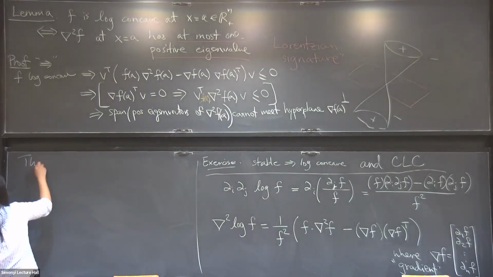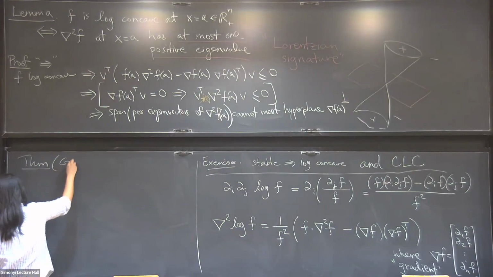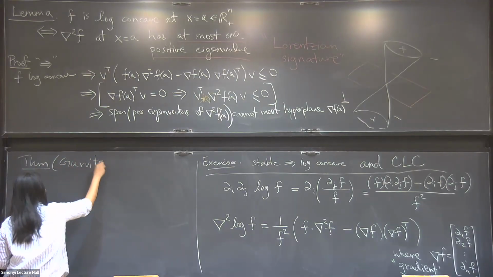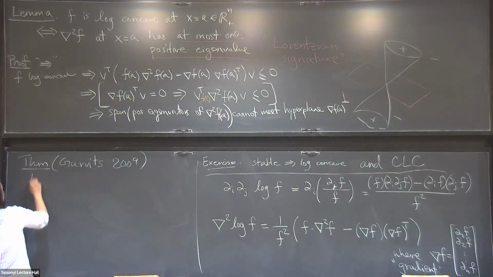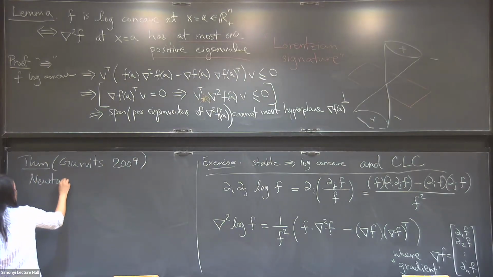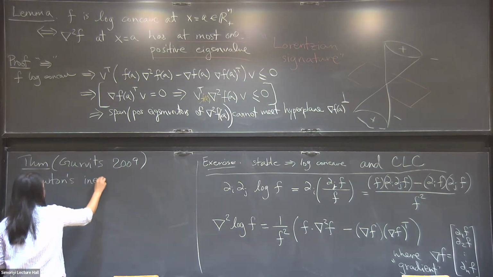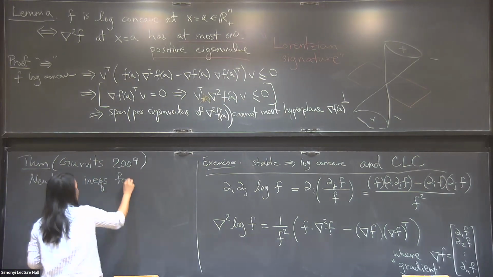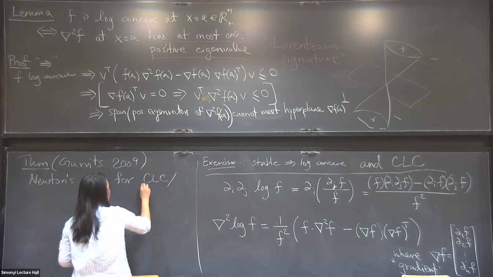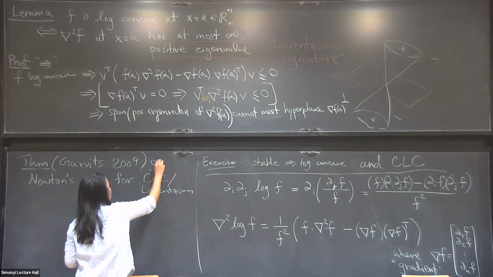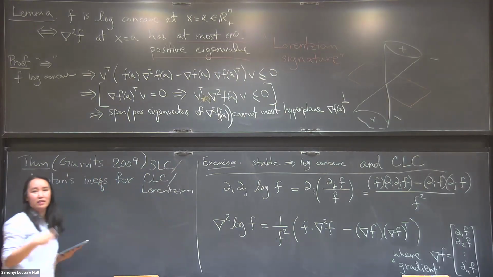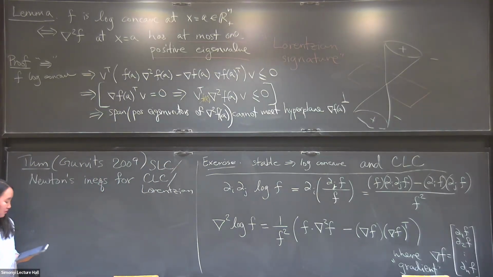Actually, with a theorem, I think it is going back to Gurvits, about Newton's inequalities, Newton-like inequalities for completely log-concave, Lorentzian polynomials. He proved it for strongly log-concave, but then it implies completely log-concave and Lorentzian polynomials.